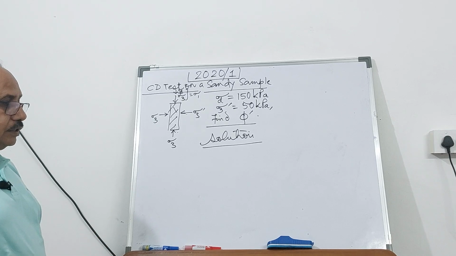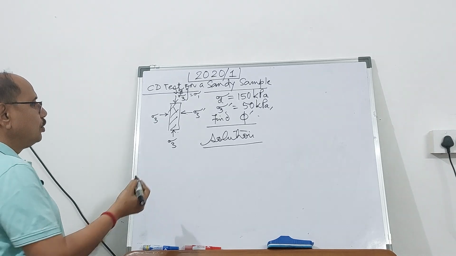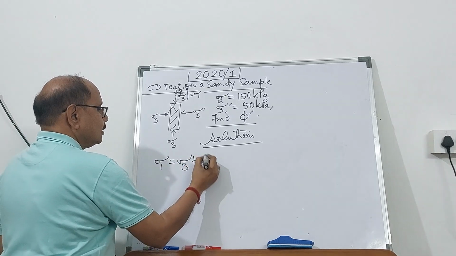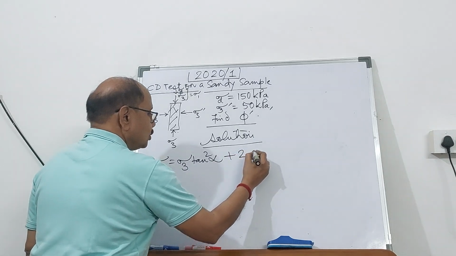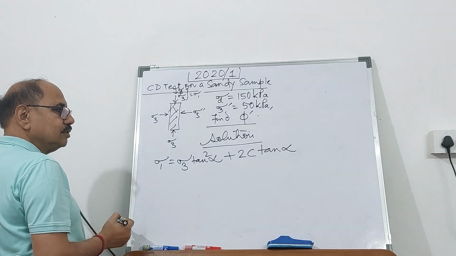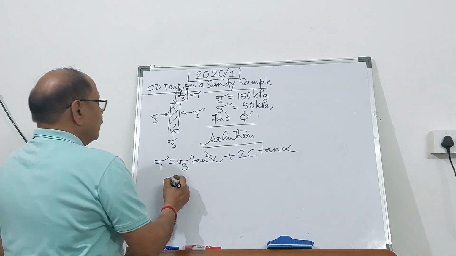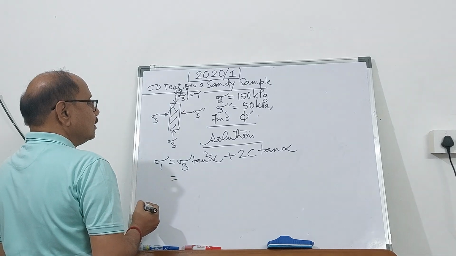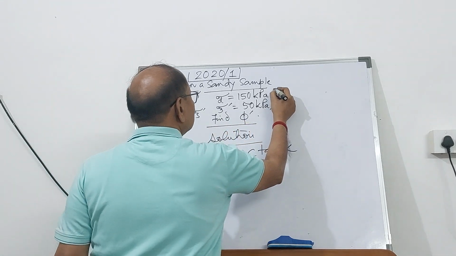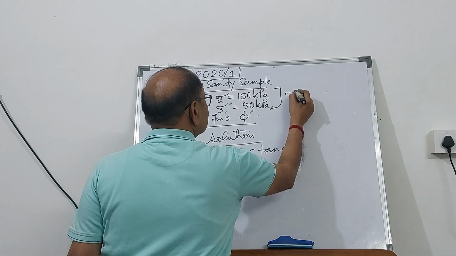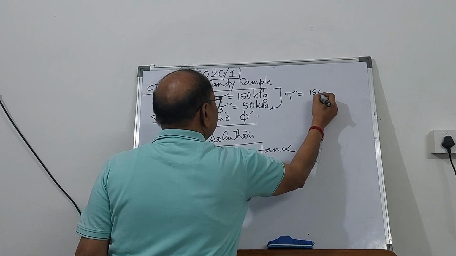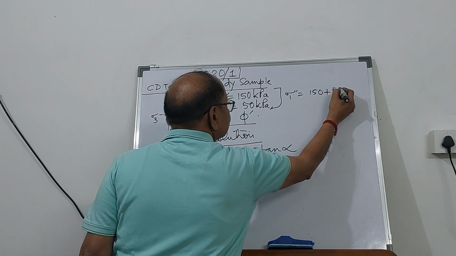You know the relationship: sigma 1 equals sigma 3 tan square alpha plus 2c tan alpha. There is a relationship between sigma 1 and sigma 3. Now here, sigma 3 is known to us, sigma d is known to us. If you add up, sigma 1 prime equals 150 plus sigma 3, that is 50.